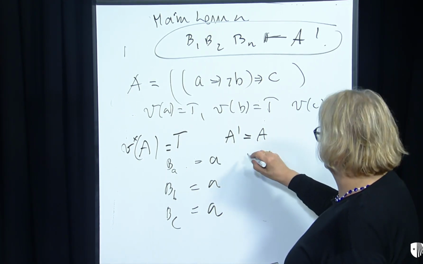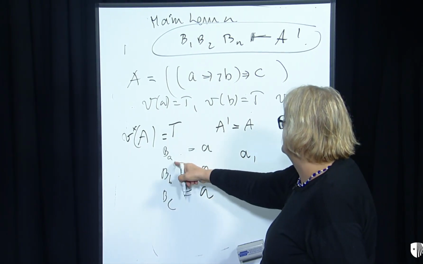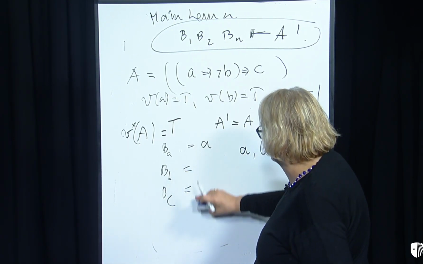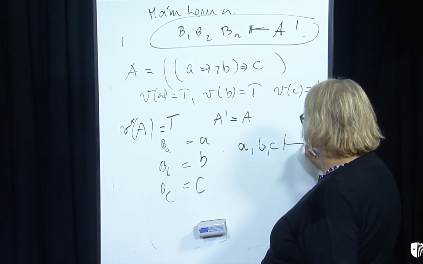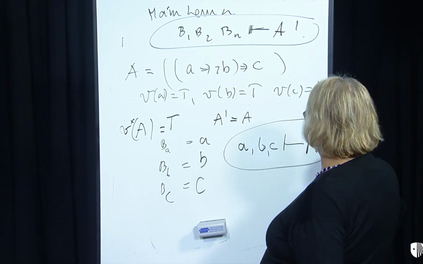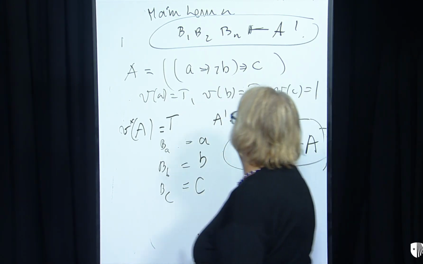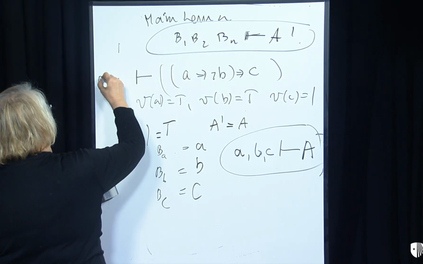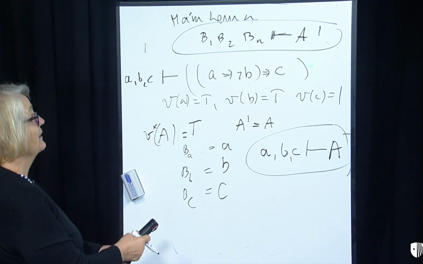So in this case, the main lemma says that A, B, C proves A prime, which is A. So the main lemma says that I can have a proof of that formula, that is, A, B, C proves my formula A.